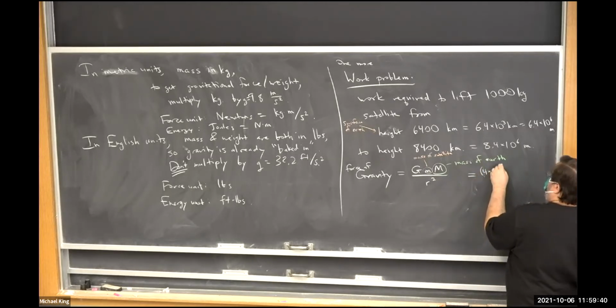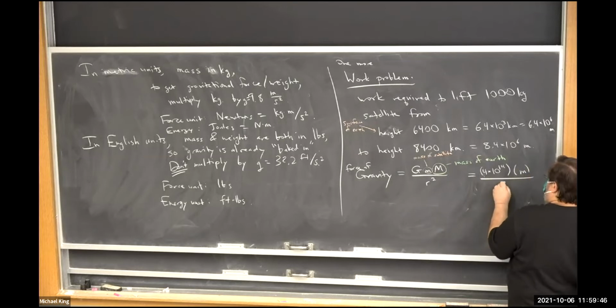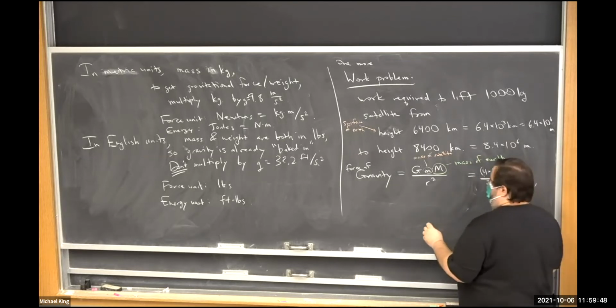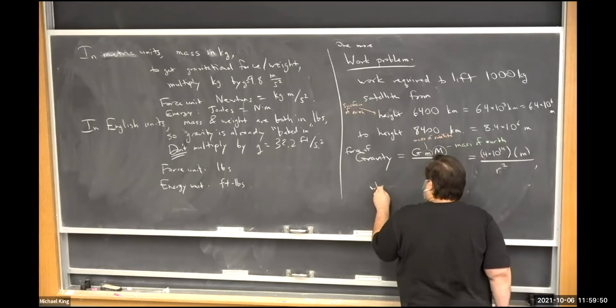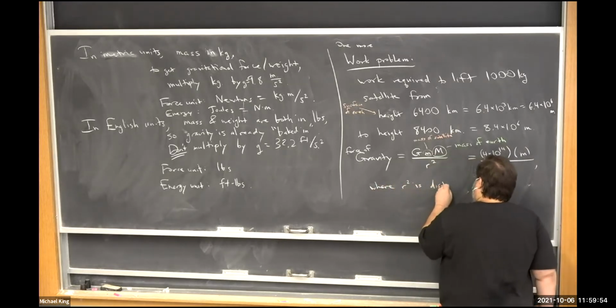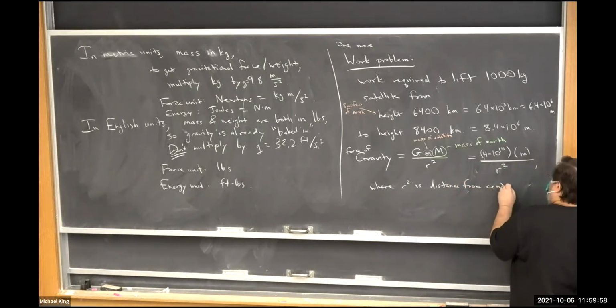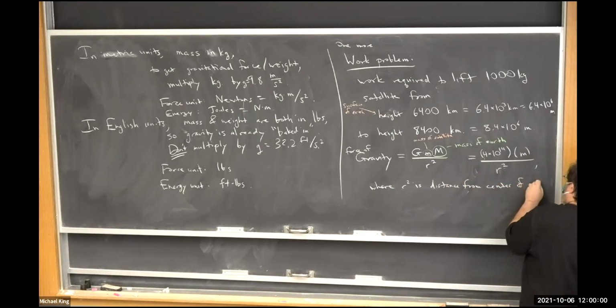I have to think about the units also. Times m over r squared, where r is the distance from the center of the Earth. That's why we're using the center of the Earth.